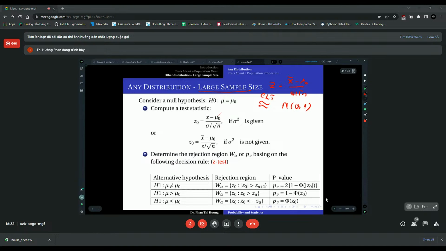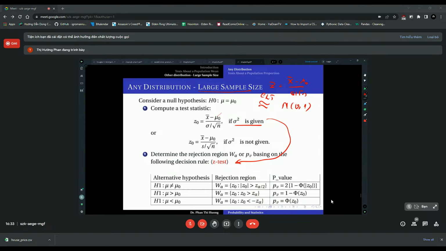Suppose that sigma is given. Hence the test statistic Z0 is given as in the first case, because it approximately follows the standard score by the central limit theorem. We use the Z test, and the table for the Z test is always the same.